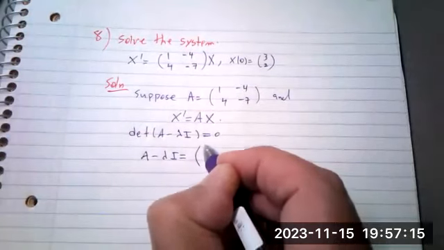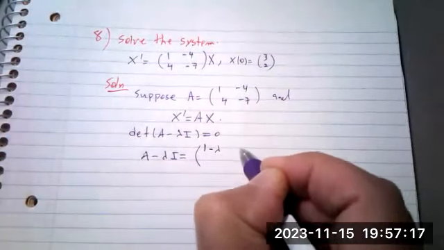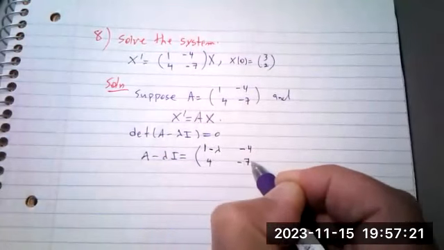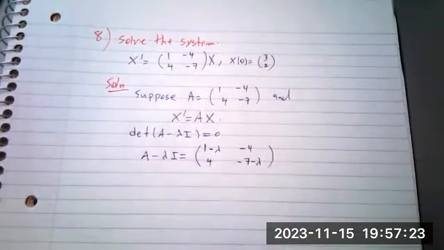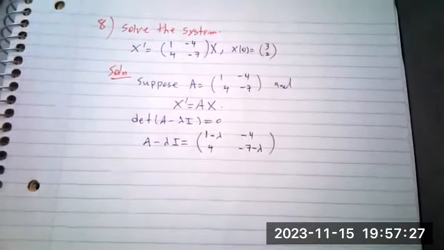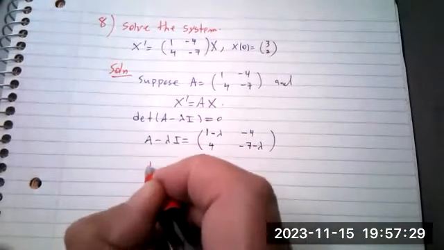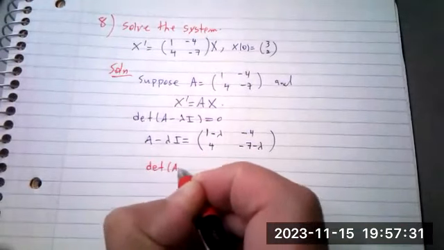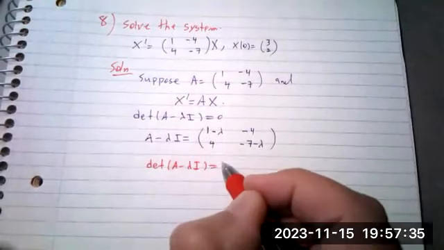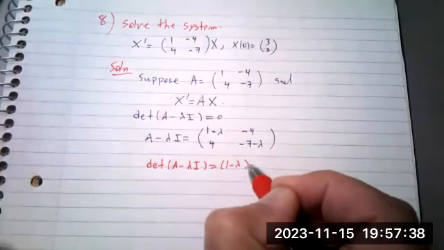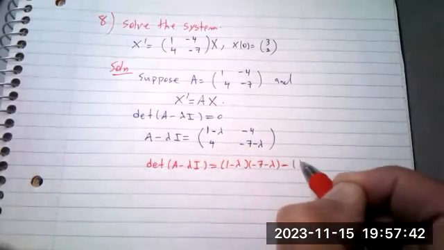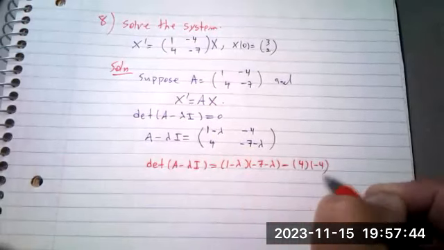So this is going to be 1 minus lambda, -4, and 4, -7 minus lambda. Get the determinant of this matrix. The det of A minus lambda I is equal to cross multiply: 1 minus lambda times -7 minus lambda, minus 4 times -4.